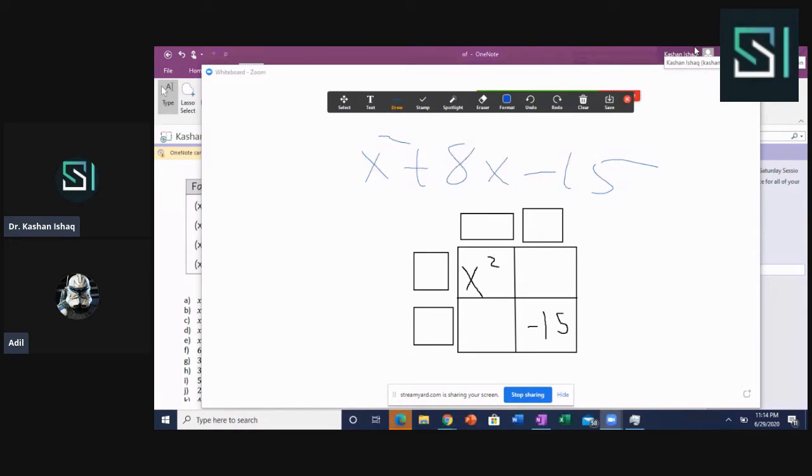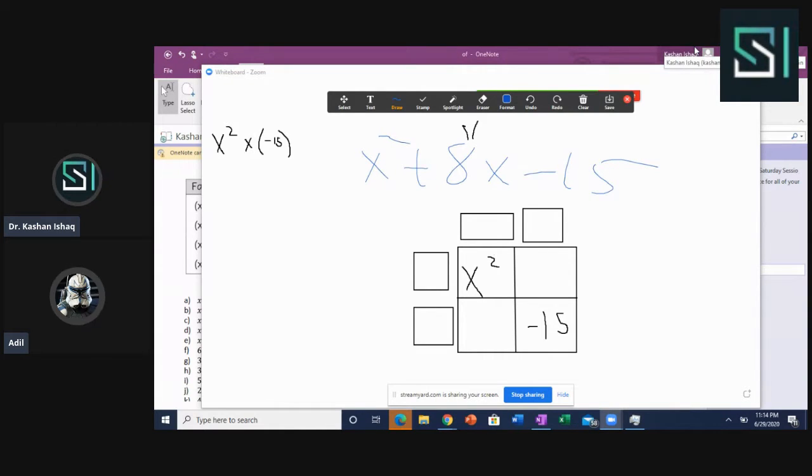What would be the factor of A? Remember to multiply A and C, right? Are you multiplying A and C first? Yes, sir. Do you remember we multiply A and C, and whatever the product of A and C is, those would be the factors you're going to come up with that would add up to 8x.